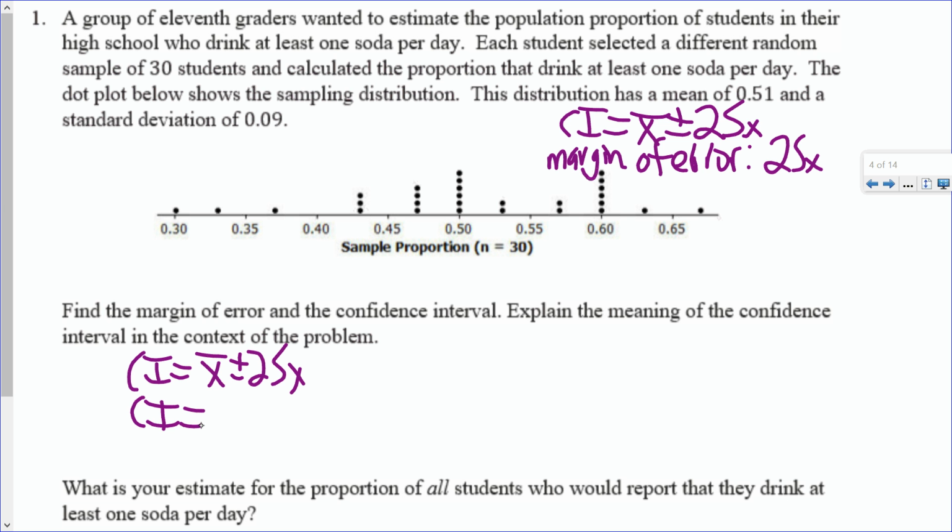The confidence interval is the mean, 0.51, plus 2 times 0.09, and 0.51 minus 2 times 0.09.